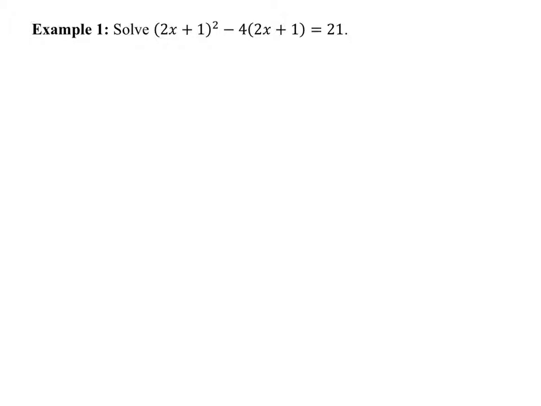So if I look at this and I recognize right away that I've got something squared, I've got something linear, and then I've got a constant, I can see that this actually is a quadratic. I'm going to move the 21 over first. And then somebody tell me a quadratic that would look like this, but it's a lot easier to solve.